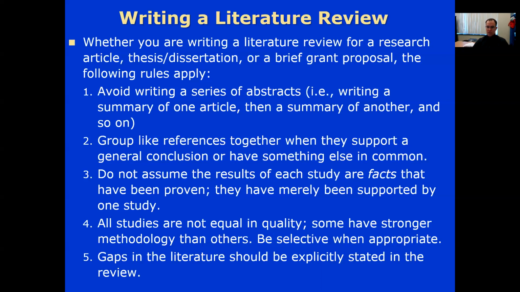So when you're looking at the literature, you want to identify those gaps in your proposal and explicitly state them in the review, generally speaking. Those could come after each summary paragraph, and you can then summarize at the end. The idea is you want to leave the review of literature with an idea of here's what we know, and then here's what we don't know, and this is why this research proposal is important.